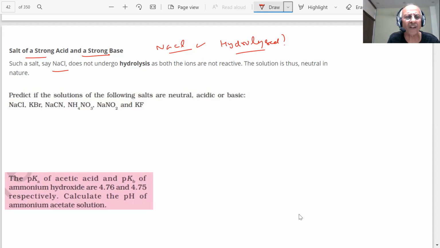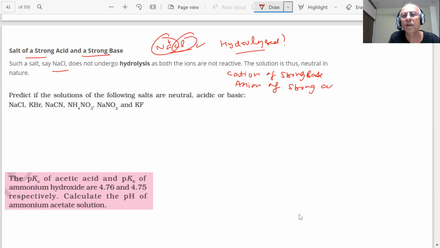Strong acid and strong base. Then what will happen? You have the cation of a strong base and the anion of a strong acid. So it will not neutralize. Cation of a strong base and anion of a strong acid, so it is not hydrolyzed.